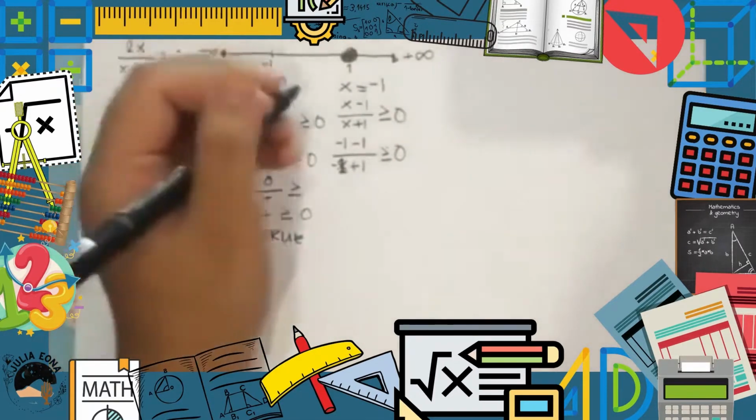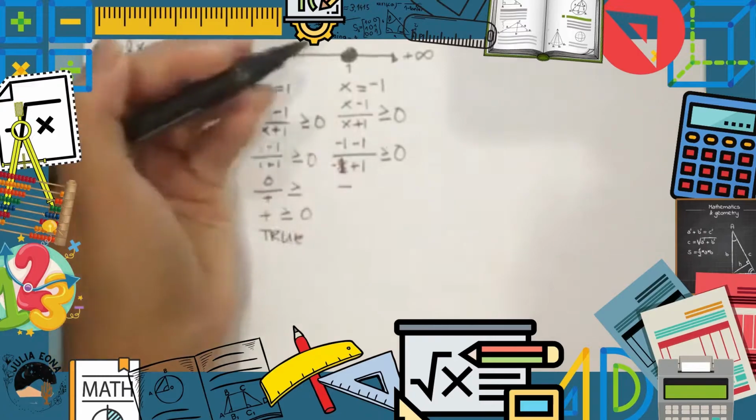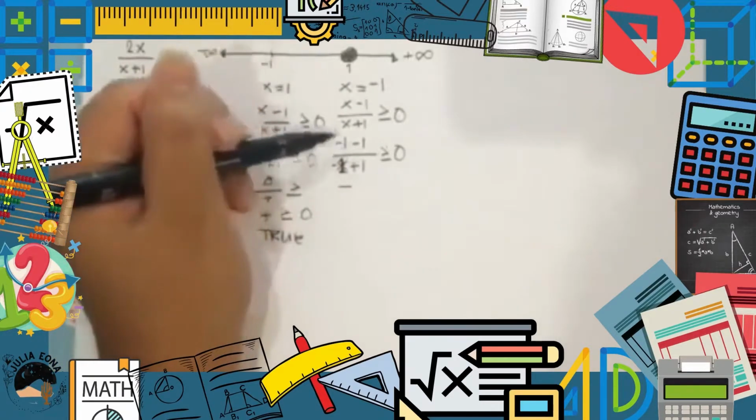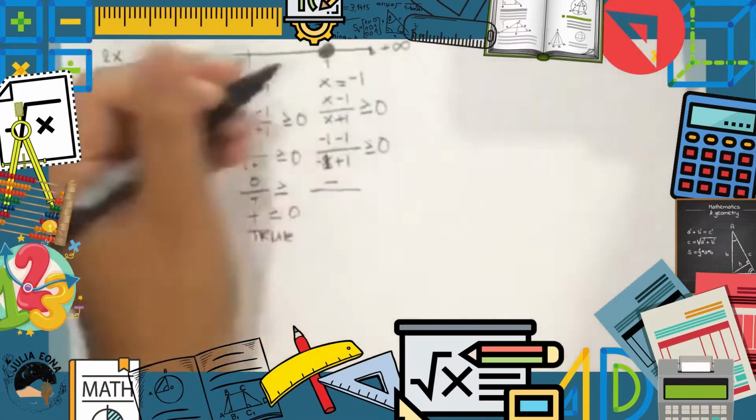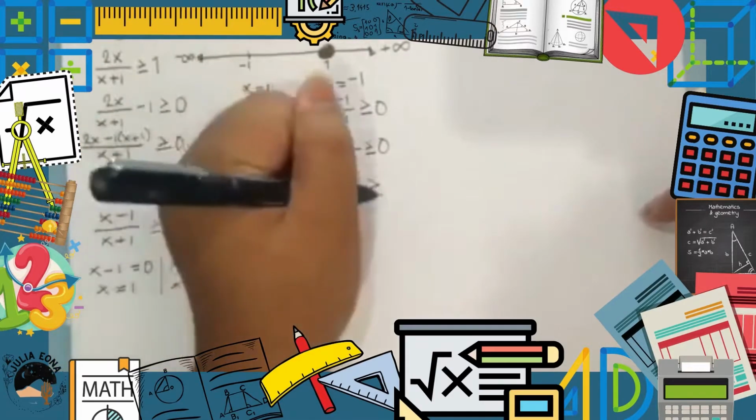If you add these two, it turns out to be negative over 0 greater than or equal to 0.